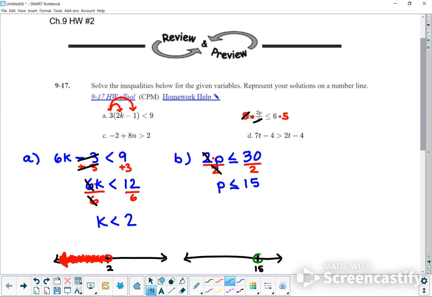In this case, because it has no underline, like how I'm showing you right now, you're going to shade in that dot. And then you're going to shade. Because the p is in the proper location on the left side, you're going to follow that arrow. You can see what I'm doing on the screen. The arrow is going to be going to the left, so you're going to shade to the left.